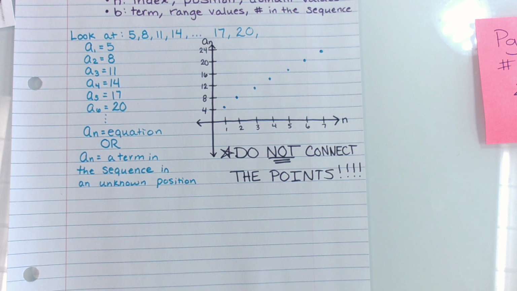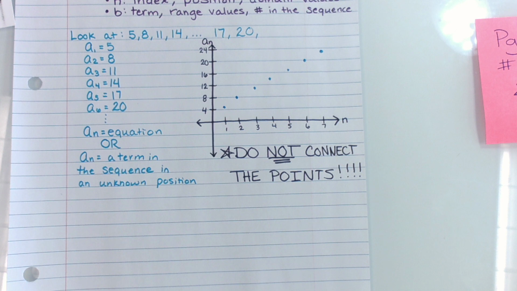You're saying anything in between them is also there. So you're telling me, if I were to look closely at this point right here, that at the 2.5 number in the list, it's somewhere around 10-ish in a list of numbers. Is there a 2.5 spot? No. Do not connect.